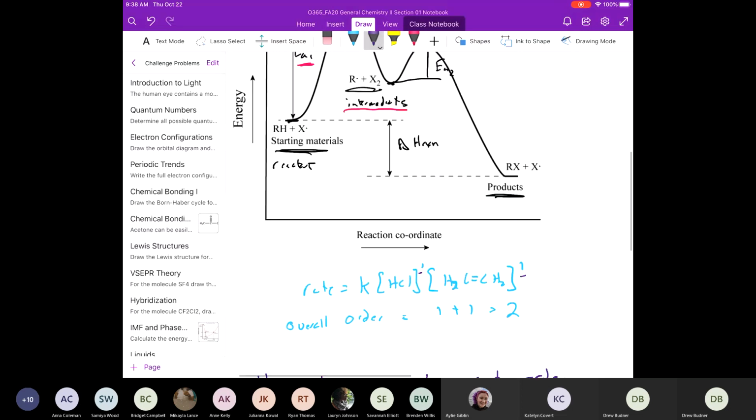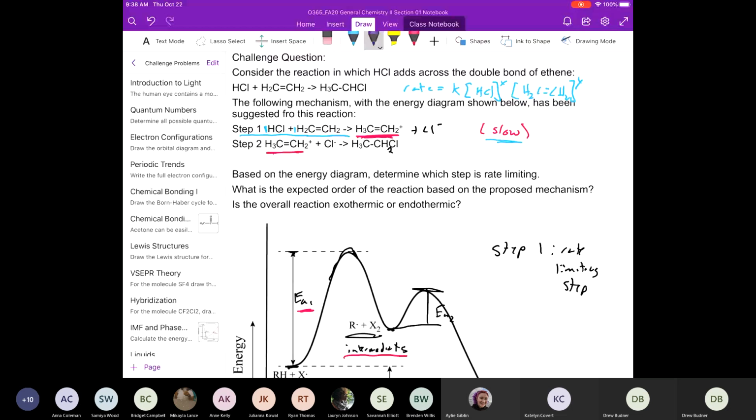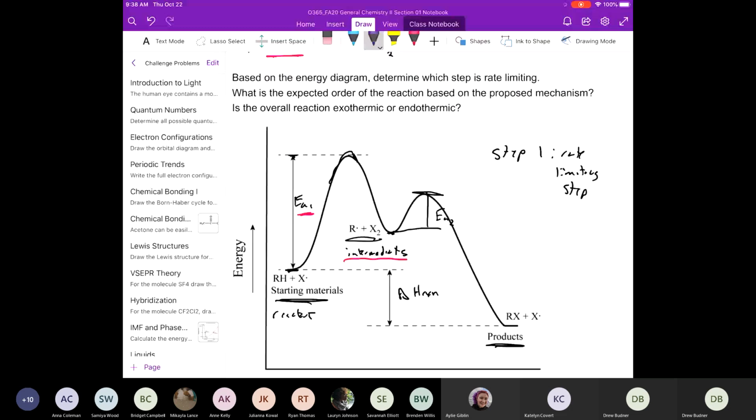So if whatever reactant occurs in a step after the rate limiting step, that's still going to be involved in the rate law because it's a reactant, right? But the order is going to be 0 because its concentration or presence has no direct effect on the rate.